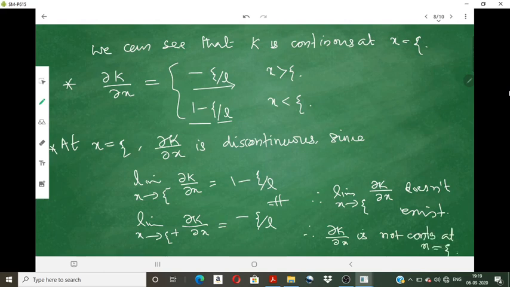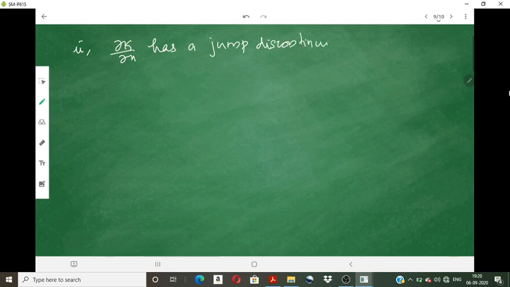So this type of discontinuity is known as jump discontinuity. That means we can say that ∂k/∂x has a jump discontinuity at x equal to theta.